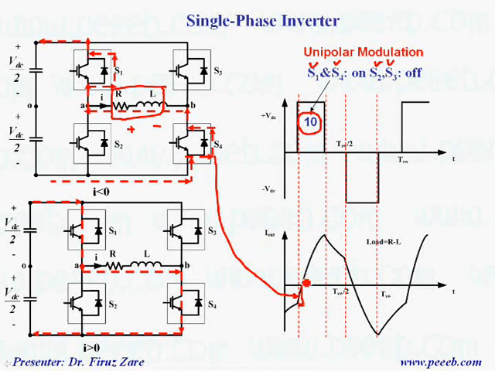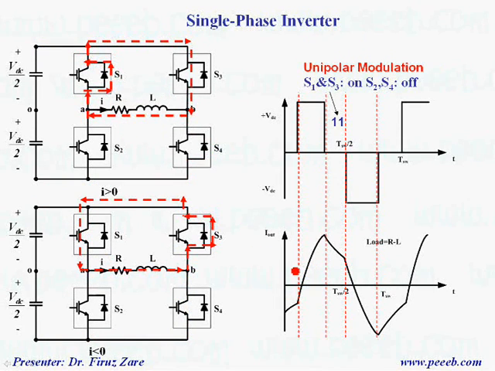But from here to here, the output voltage is still positive, but the current is getting positive. According to this direction, we can see that the IGBT in this switch and the IGBT in this switch are on, so they can carry the current. This is the current loop for positive current.